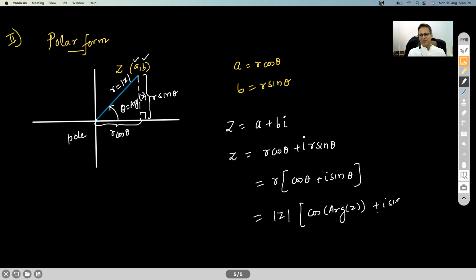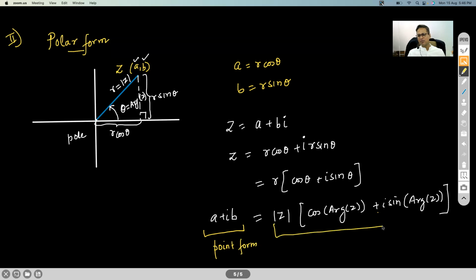So the whole idea of modulus and argument will help us to write down the polar form of a complex number. So this is the point form. And this is the polar form. Getting it? So it's just another way of representing a complex number.